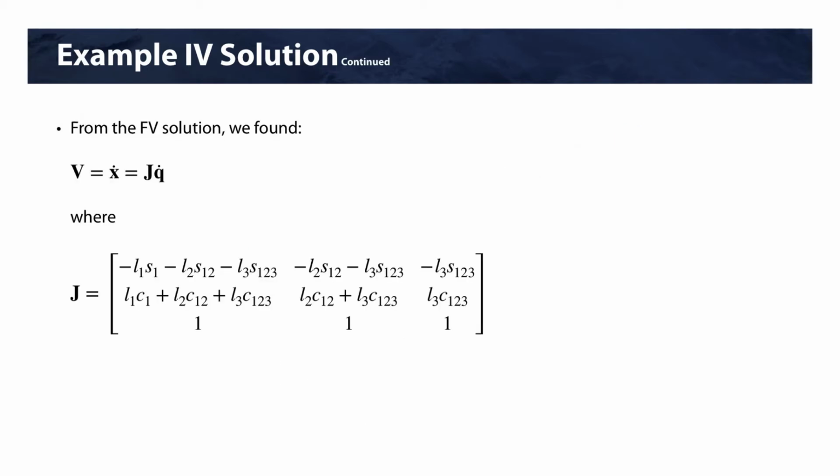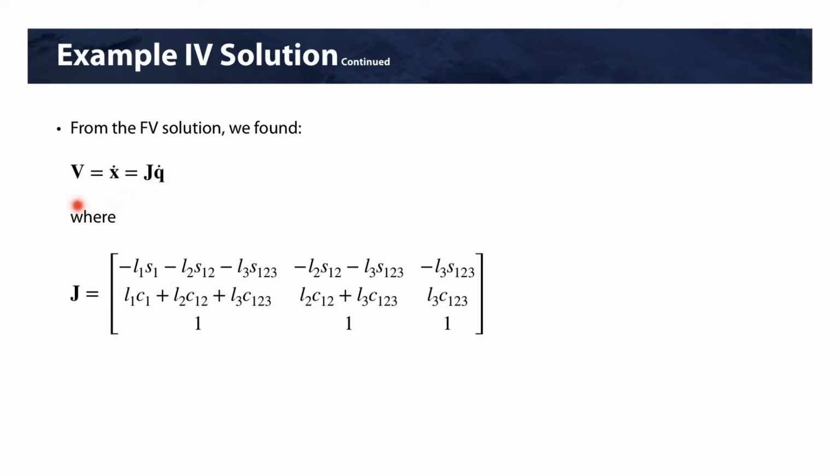So we already saw from the forward velocity solution that our velocity is equal to the Jacobian, J, times our joint rates, Q dot, right? Where J, our Jacobian for this manipulator, is this matrix here. So we can use this forward velocity.